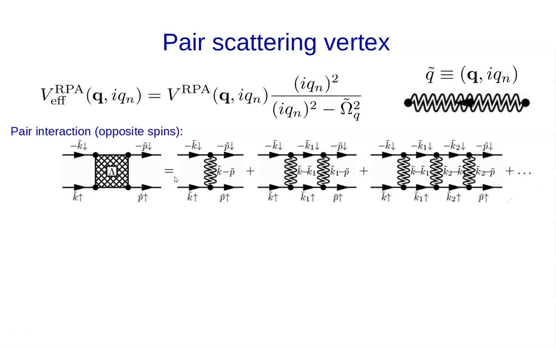Okay, so to conclude this class, we're going to consider the discussion on the pair scattering and the possible formation of bound states between electrons due to this attractive electron-electron interaction.